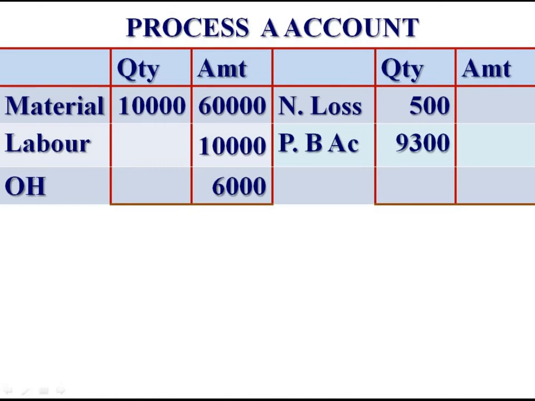In the debit side the quantity column total 10,000. In the credit side the quantity column total 9,800. 10,000 debit, 9,800 credit. There is a shortage of 200 in the credit side. It is shortage. It is abnormal loss.